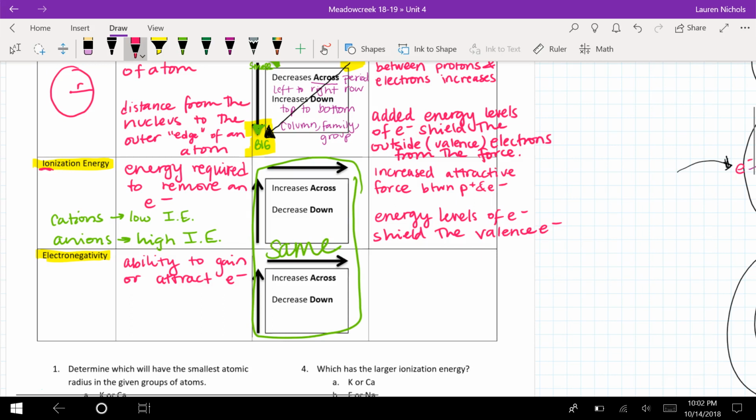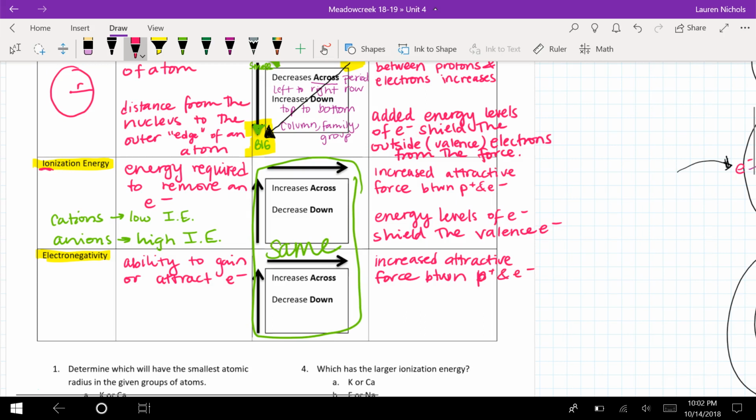So it increases across, because if I have an increased attractive force, then I, and of course by I mean the atom, can not only keep my electrons attracted, but I can attract the electrons that actually started out in another atom. And so that increase helps with that, between our protons and electrons.